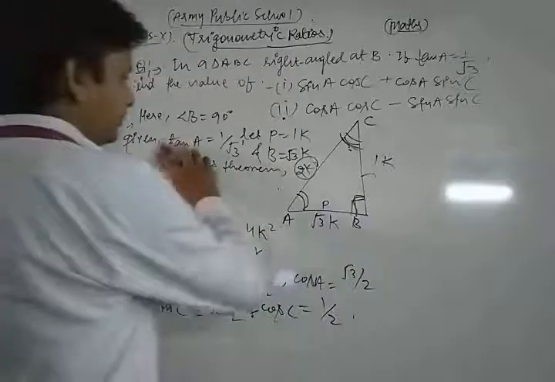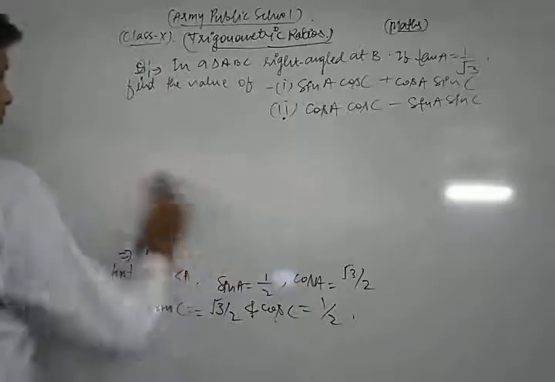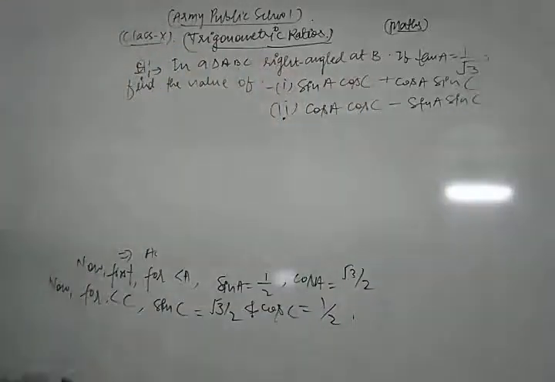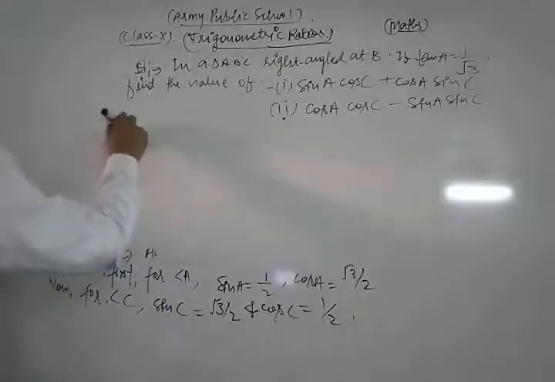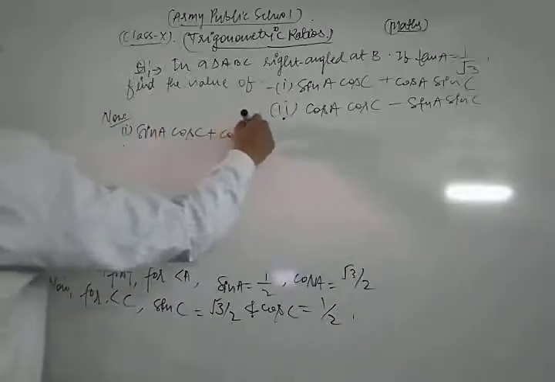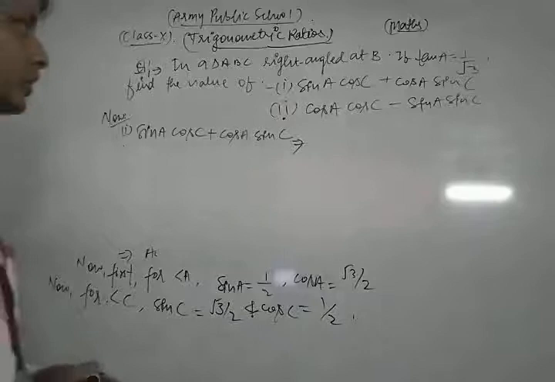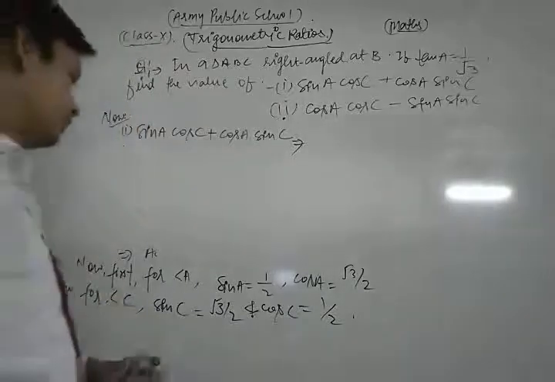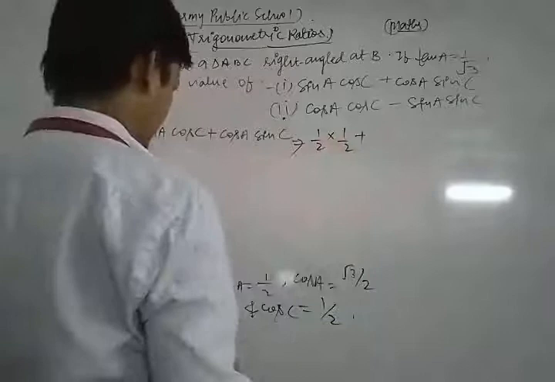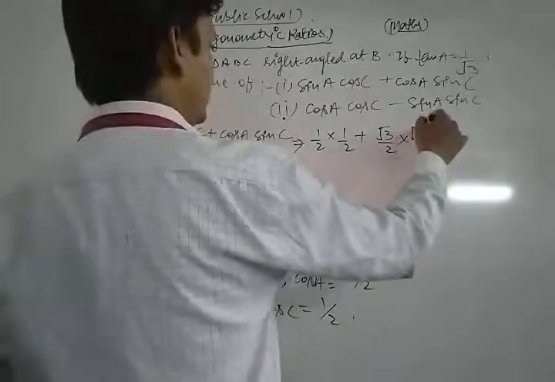Now first of all we take the first part, sin A cos C plus cos A sin C. Now we put the values of sin A, cos A, sin C and cos C. Sin A is 1 by 2, cos C is 1 by 2, plus cos A root 3 by 2, sin C root 3 by 2.